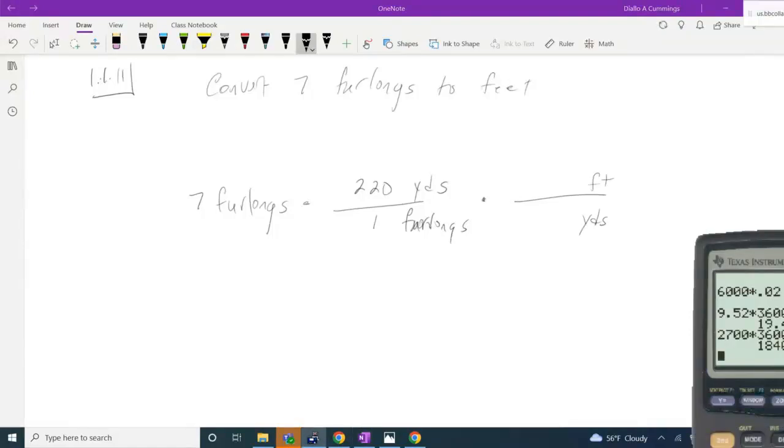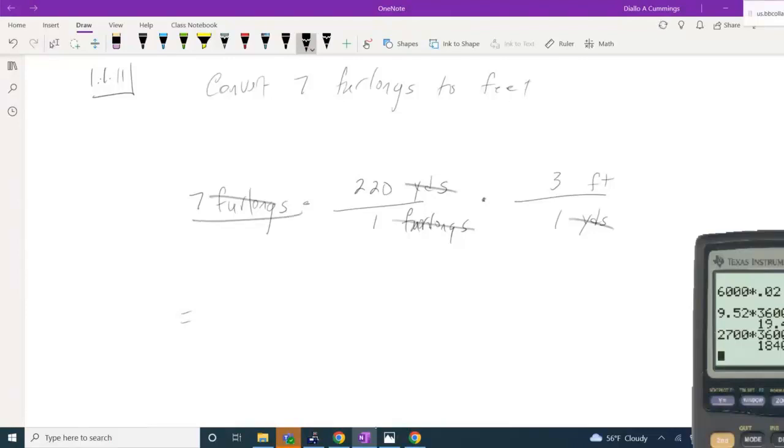Right. So 1 yard is 3 feet. So when we multiply these things, notice that furlongs cancel, notice that yards cancel, and we're left with feet.